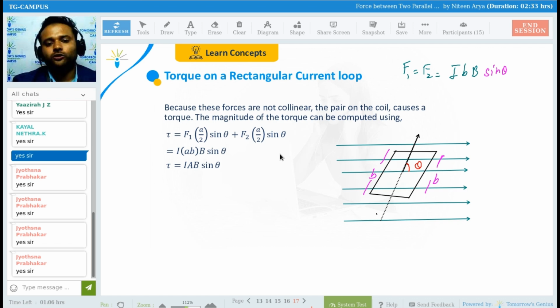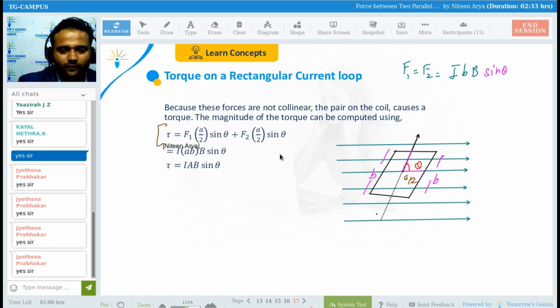But when we talk about torque, instead of directly A by 2, now we take only the A by 2 sine theta component. This is A by 2, and you need to take the A by 2 sine theta component because of this tilted angle.